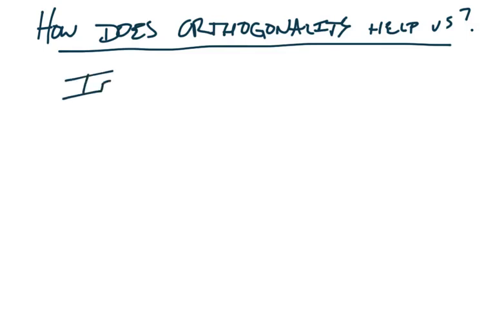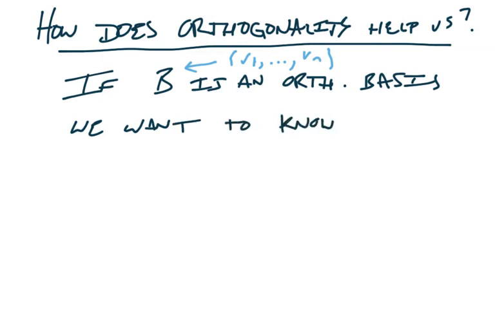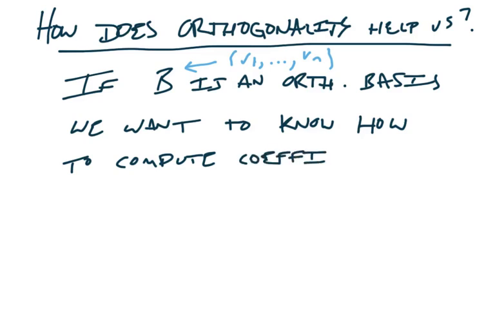All right, so if B is an orthogonal basis, and again, we're always going to be saying that B is some set V1 through Vn of vectors, what we really want to do is to know how to compute the coefficients in any linear combination, so basically any vector decomposition that we want to know about.